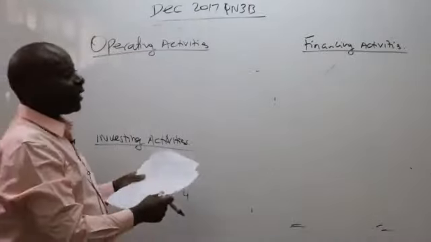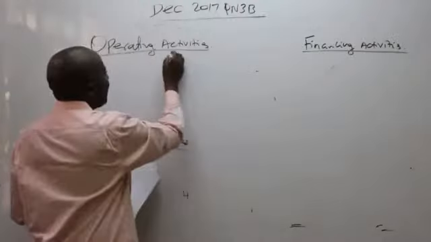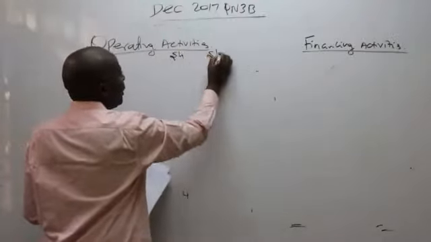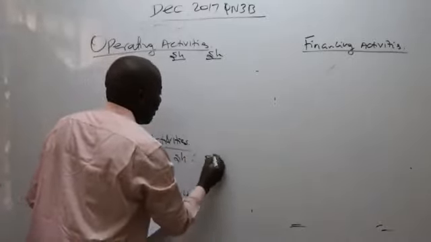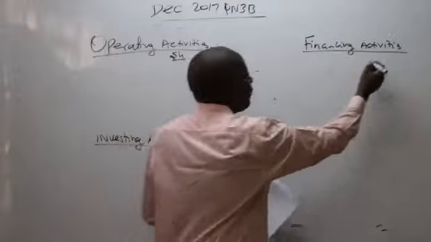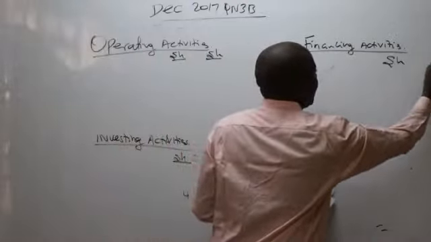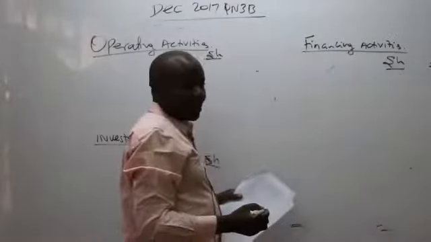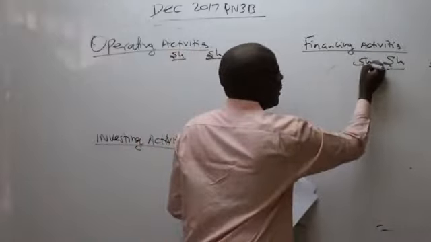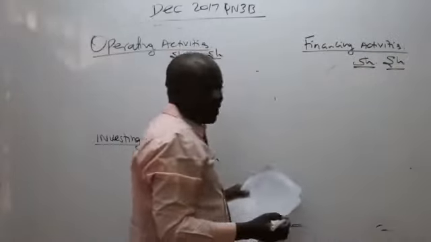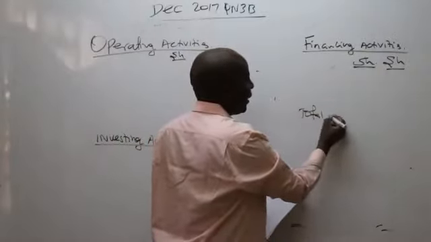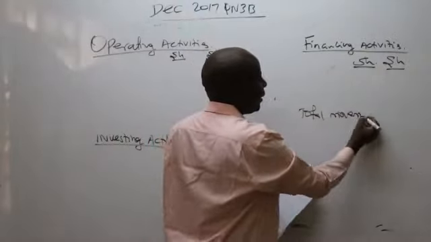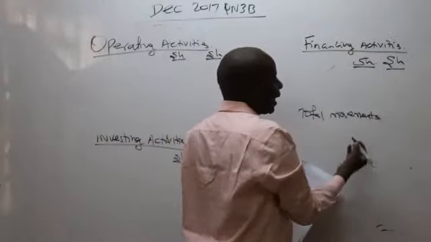Ladies and gentlemen, after financing activities, of course, I know that here I have shillings. I'll have to capture my currencies like that. So at the end of the day, I'll capture the total movement in terms of my activities.